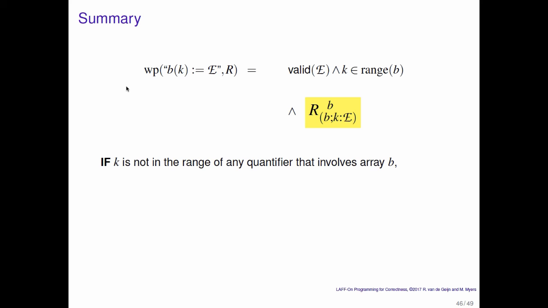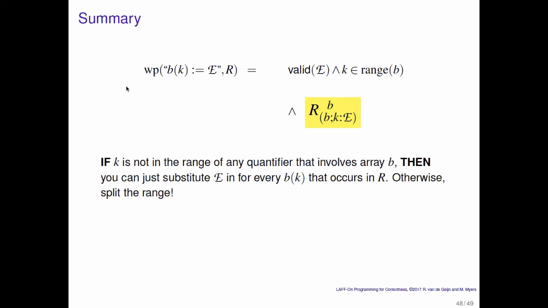If B is not in the range of any quantifier that involves array B, you can instead simply substitute the expression E for every free occurrence of B of K that occurs in the predicate R. Otherwise, you may want to split the range so that you are in that position.